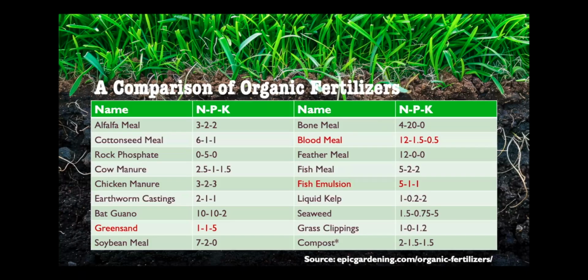So they break down really slowly. The carbon attracts a lot of those microorganisms which eat them and break them down. So that's what happens. Compost at the bottom, I have a little star by it because if you're making homemade compost, those numbers can vary widely depending on what you're putting into your compost. So there's not a hard and fast rule.